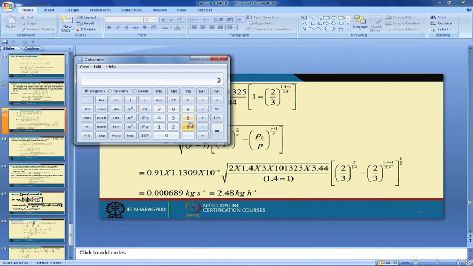So, 3 into 101,325 into 28.97 divided by 8314 into 308. So, this becomes equal to 3.43.